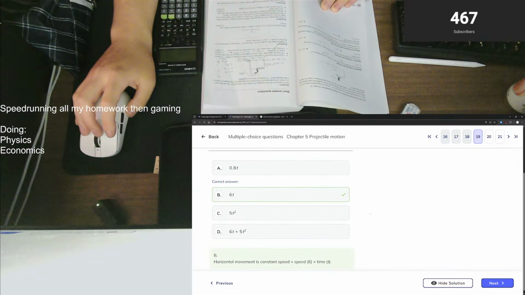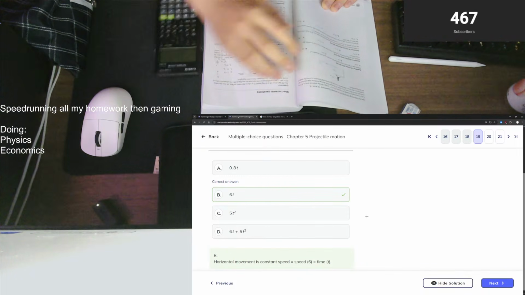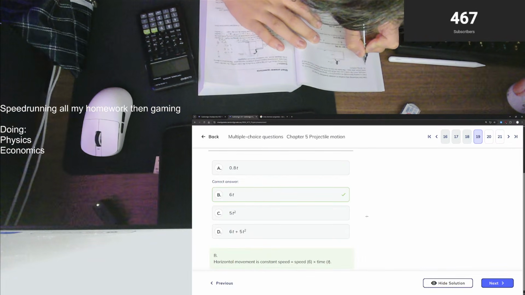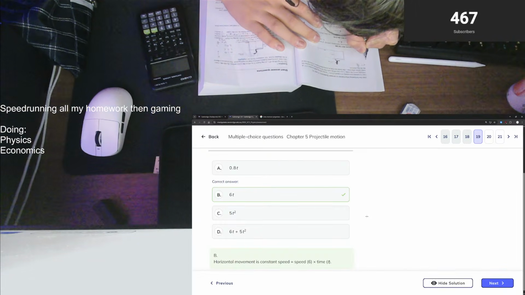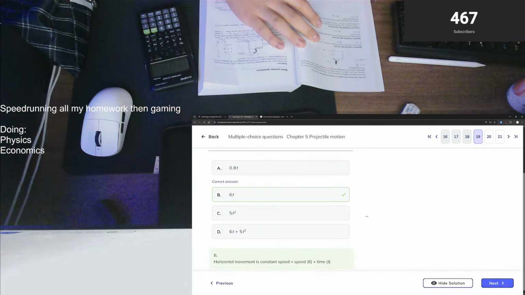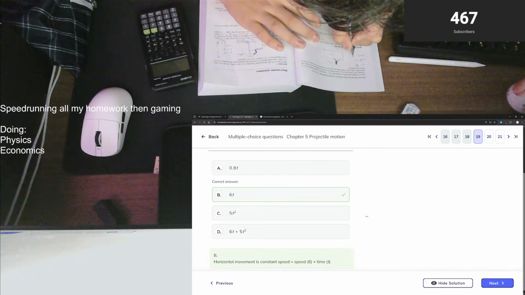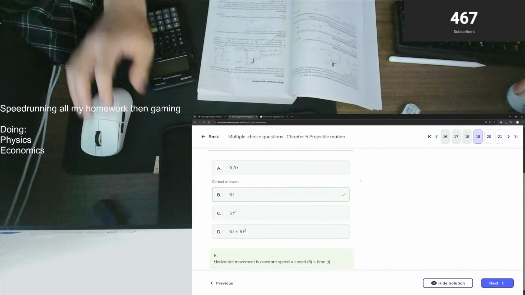Wait, no, it's not D, it's B. B equals S on T. BT equals S. B equals 6T. Okay, yeah, it's 6T.